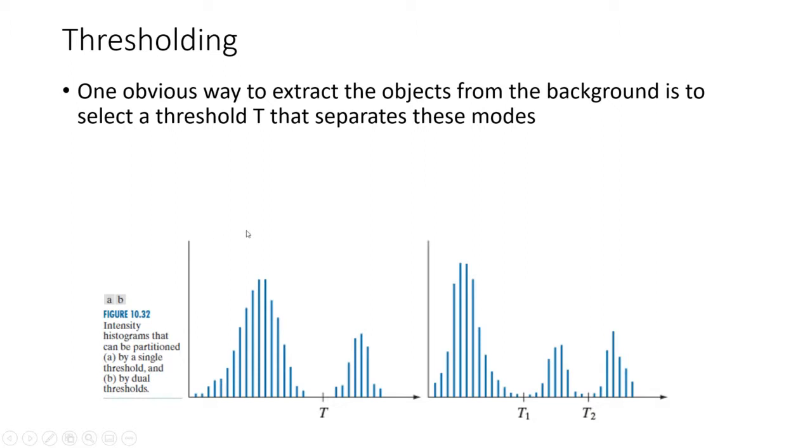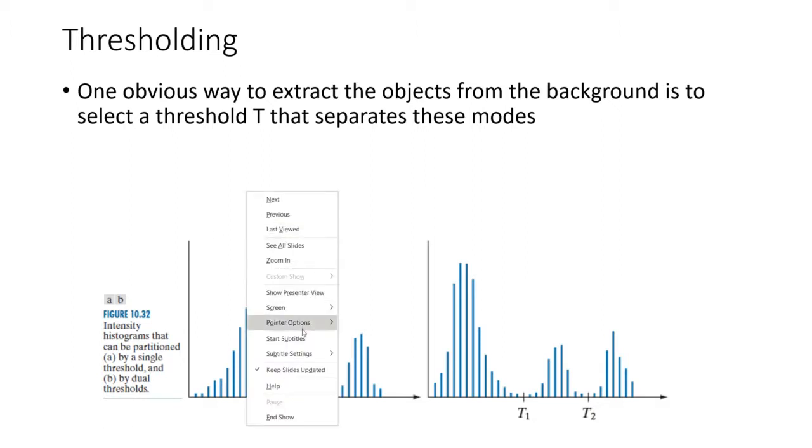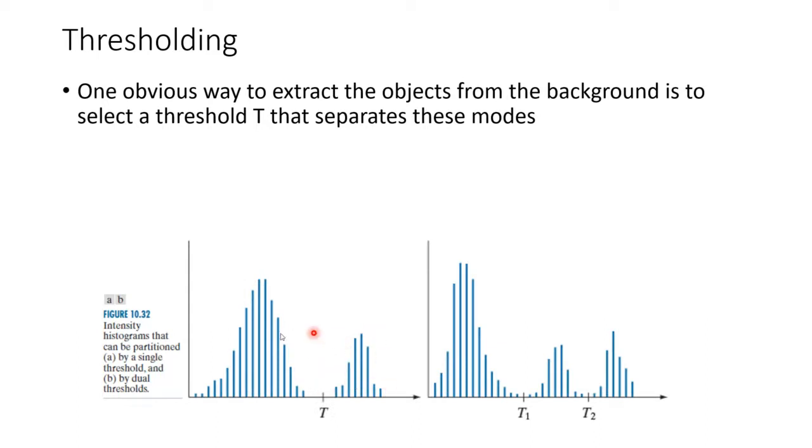So if you have, for instance, well-defined modes in your image histogram, the obvious way of segmenting, this could be background and this could be foreground, would be to just pick a threshold T. Whichever pixel has an intensity value less than this threshold will fall into this category.